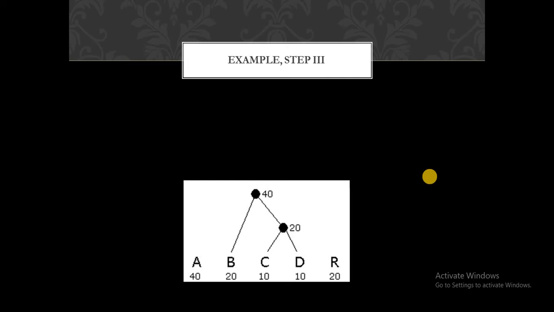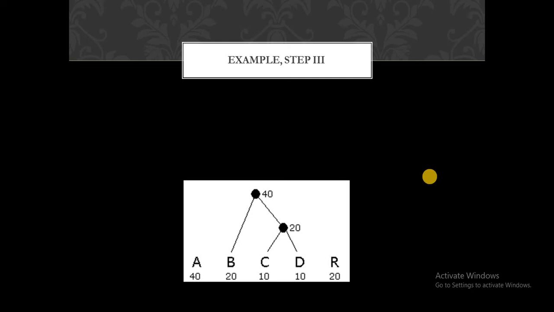Now the first child node is A. The frequency of A is 40, and the other is now referred to as B plus C plus D, 40. This is the parent node, the dark black circle. What is the value in that, 40? How did the value 40 come?